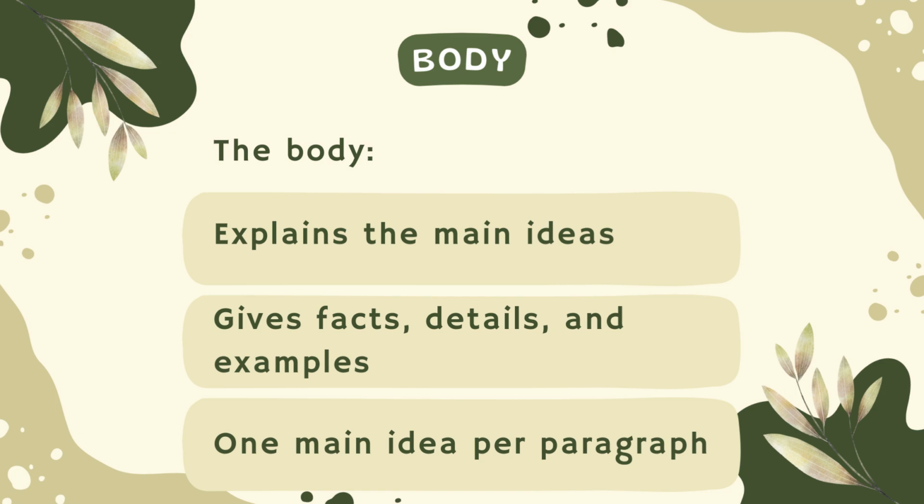So, during your feature article creation, I always told you that each paragraph should have one main idea and an example to support your article that is related to the title that you have written.